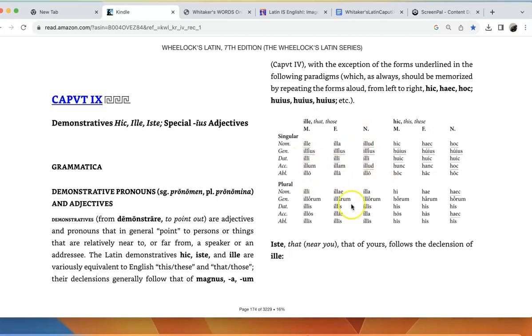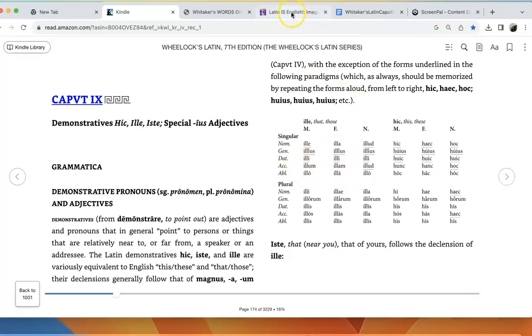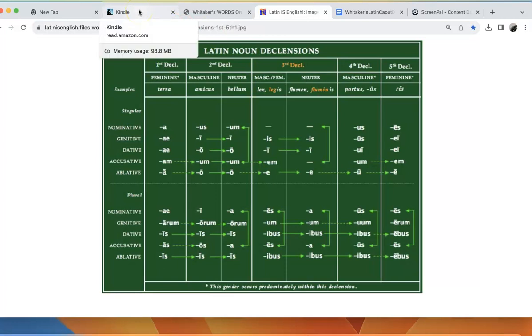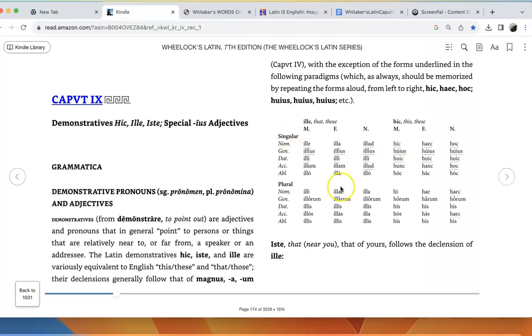And then you can see we have a lot of different forms of demonstrative pronouns and adjectives. At first glance, this looks very varied, but you'll soon discover that a lot of these endings match our declension endings, and in context they're a little bit easier to recognize than perhaps the chart here indicates.